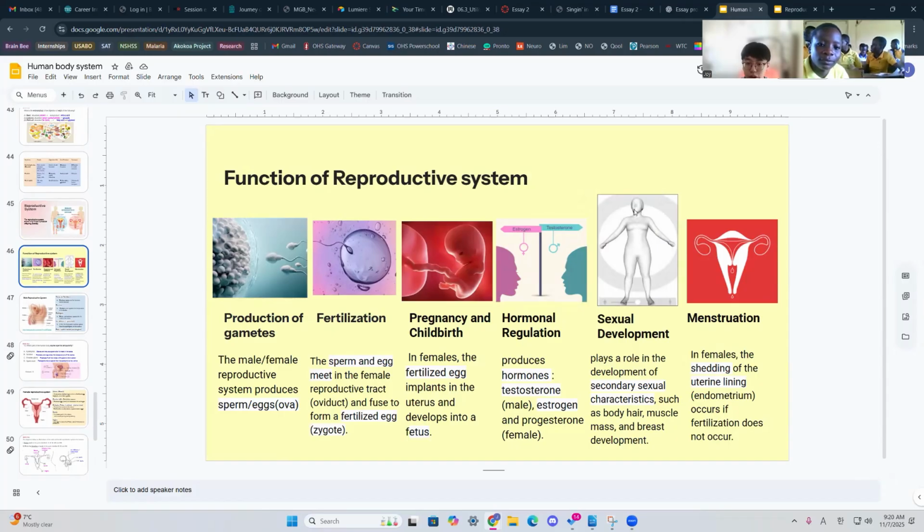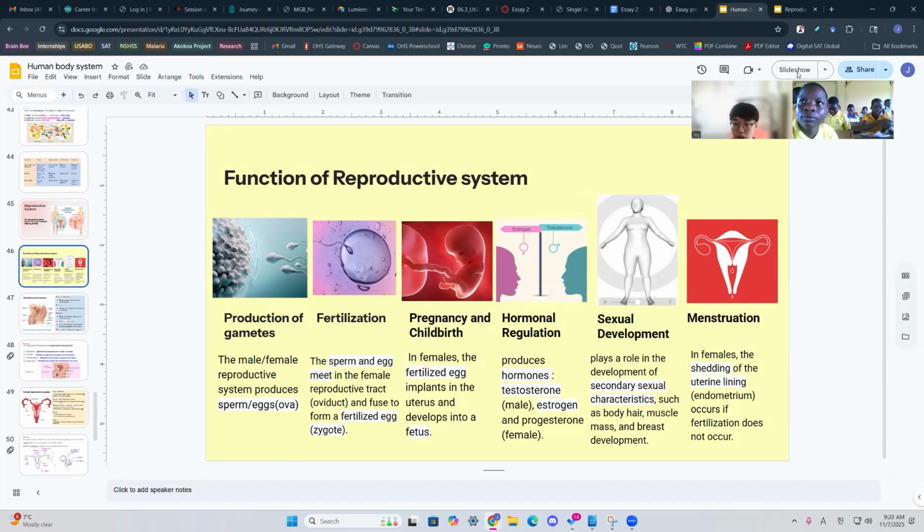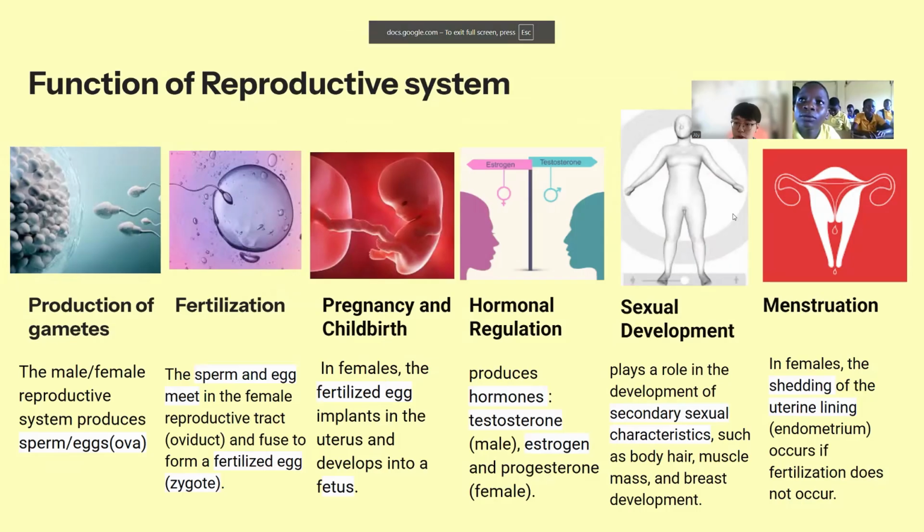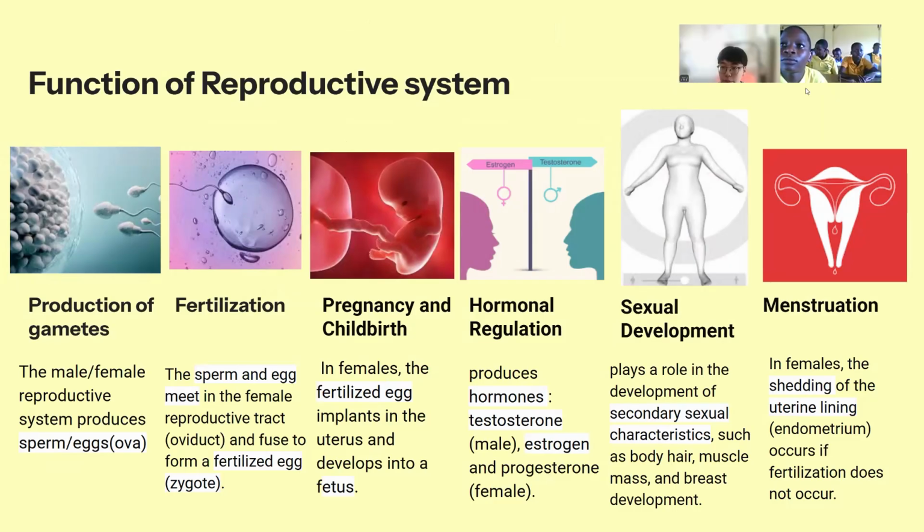This is where the semen travels to the uterus or the egg. When a male and a female sleep together, and the male puts the sperm inside the female reproductive system, that process is called sexual intercourse.